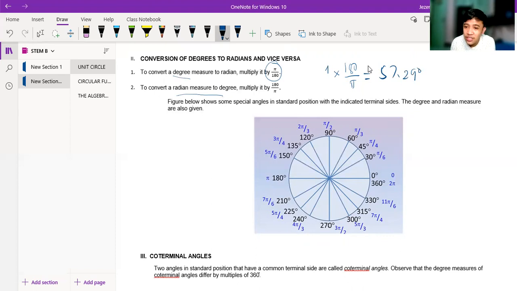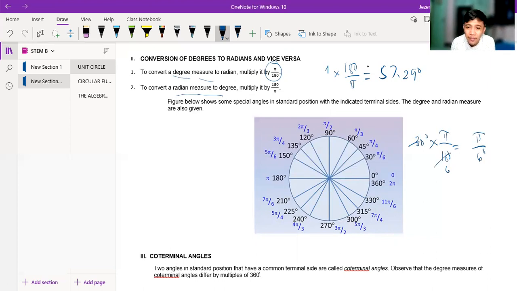Let's say 30 degrees. To get pi over 6, when it's degrees we multiply it by pi over 180. So this is 6. Therefore, 30 degrees is pi over 6.